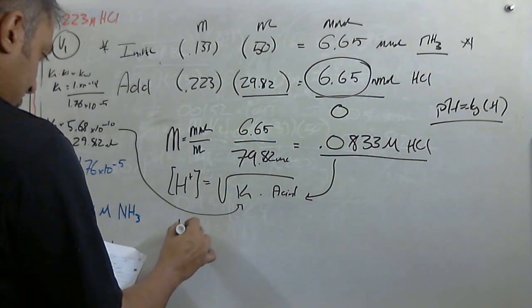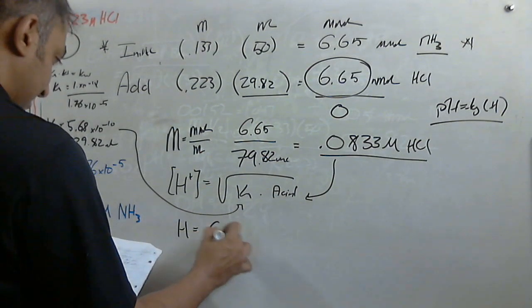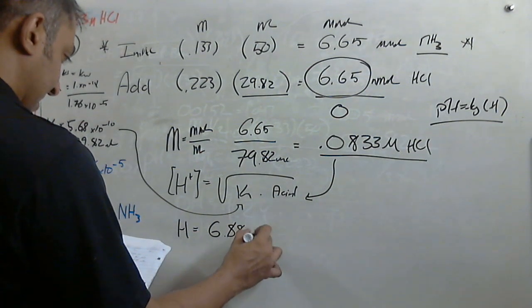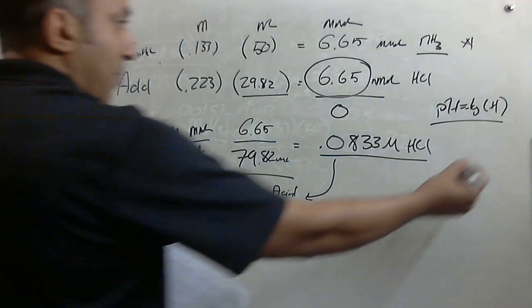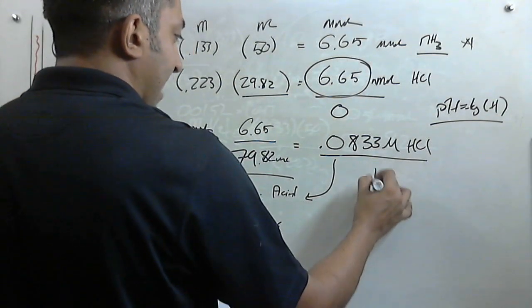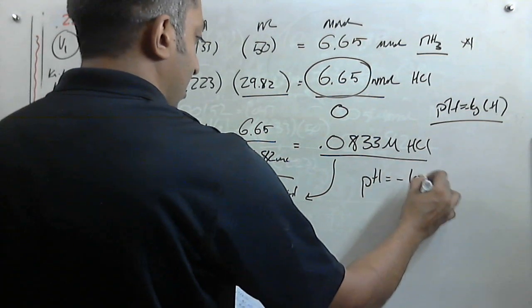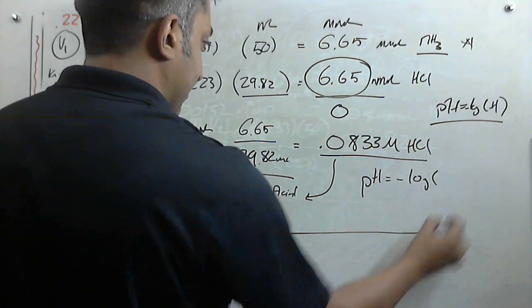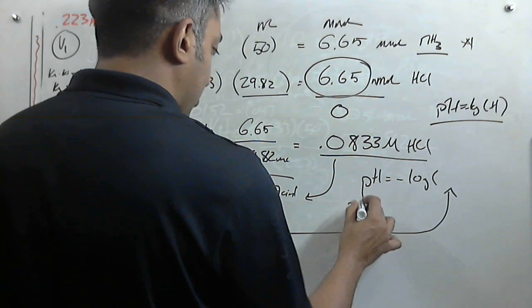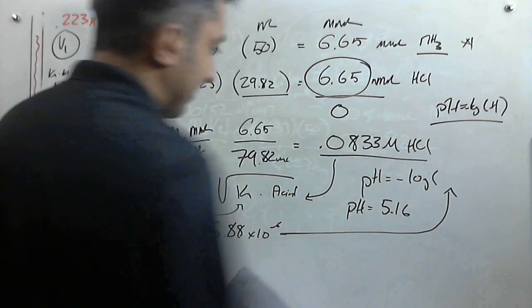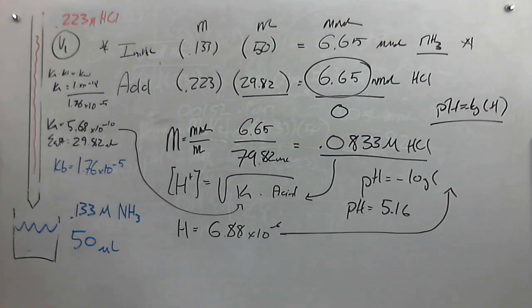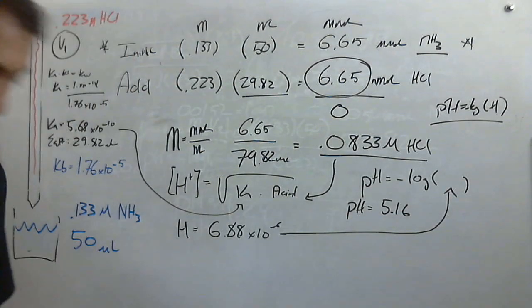Your H is going to be 6.88 times 10 to the negative 6. Now you can put that right here. pH equals negative log of this. We're going to get a pH that equals 5.16. So that's how you set up this problem here. This is number 19.